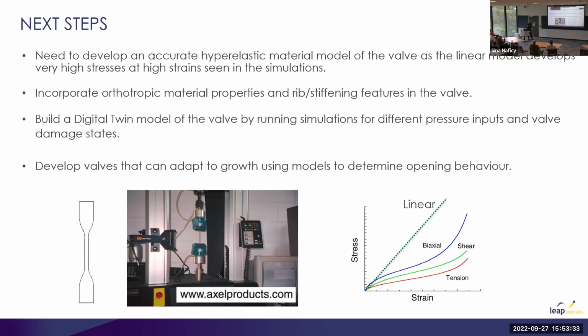So we might want to have truss elements which represent some sort of reinforcement embedded in the shell elements representing the valve. And we basically just move those around until we get the valve to behave as we want. So there's lots of tactics we can use to get the simulation valve behaving as we want. So yeah, orthotropic materials, rib stiffening features, all that sort of stuff.